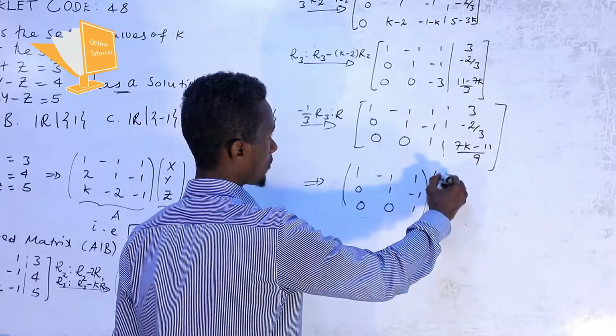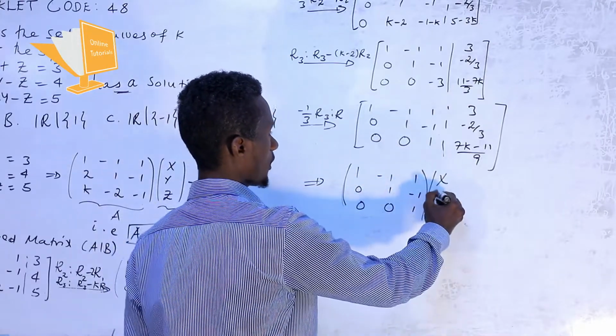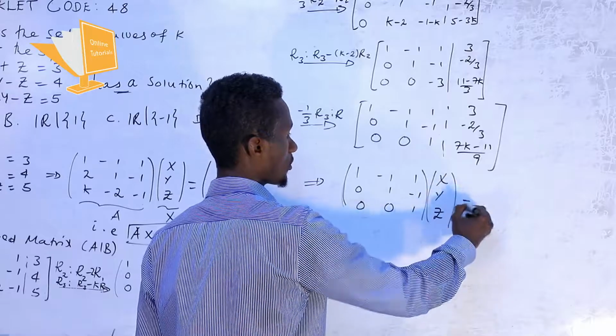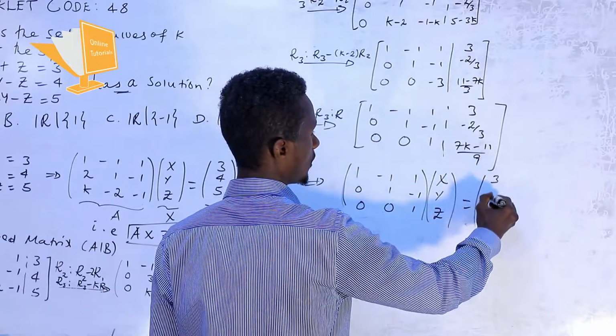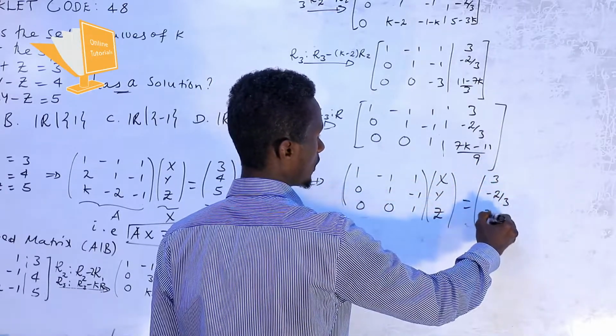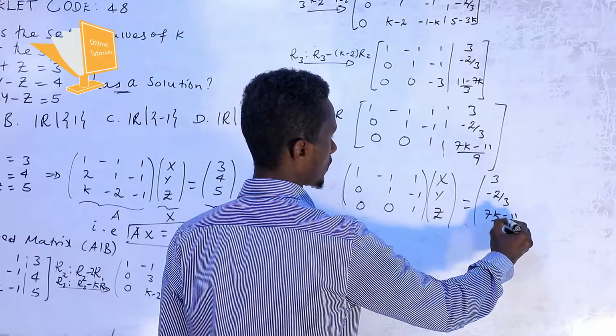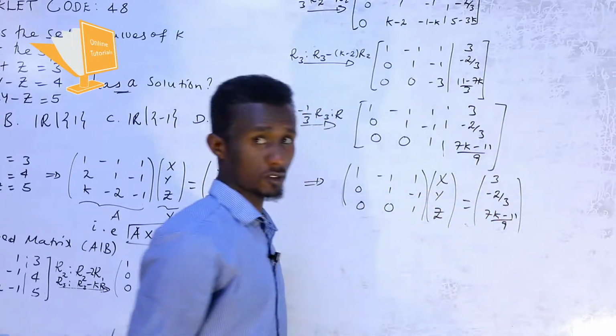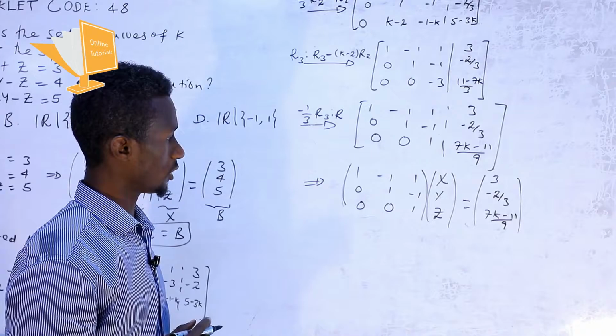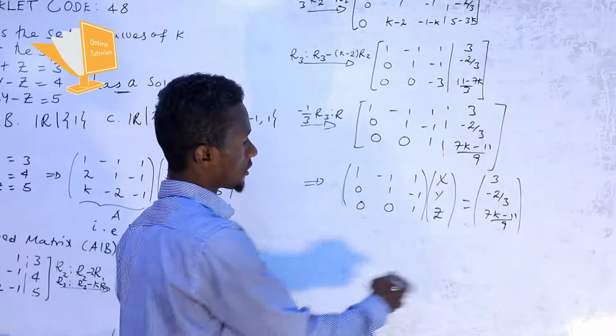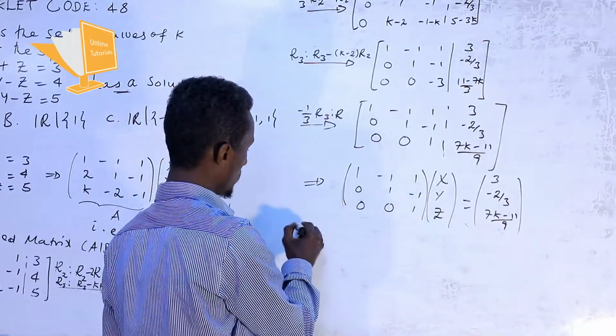When you multiply this by x, y, z, then this is also the same as 3, minus 2 over 3, (7k minus 11) over 9 ይሰጠናል ማለት ነው. This is the equivalent system of linear equations, so using the backward substitution we have the value of z.